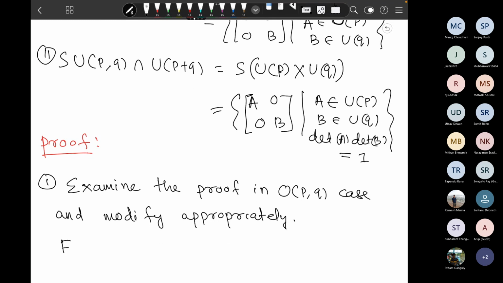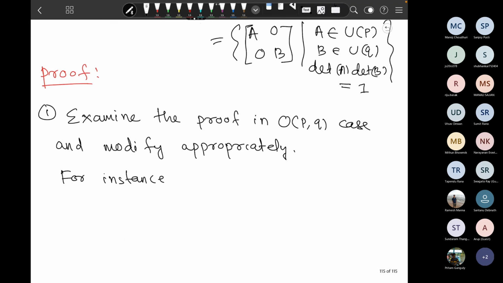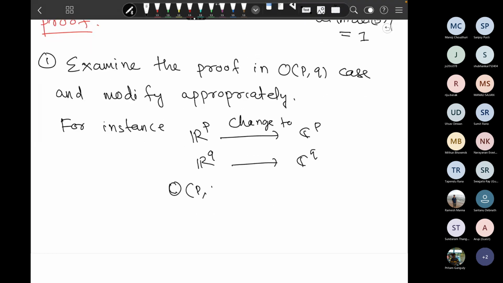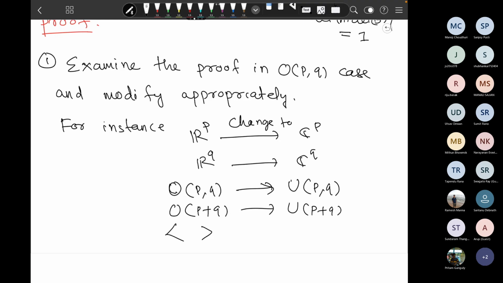For instance, you have to change R^P to C^P, R^Q to C^Q, and O(P+Q) to U(P+Q). The inner product on R^P you have to change to that on C^P.